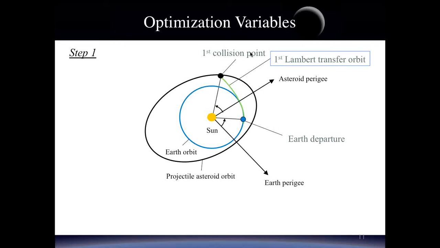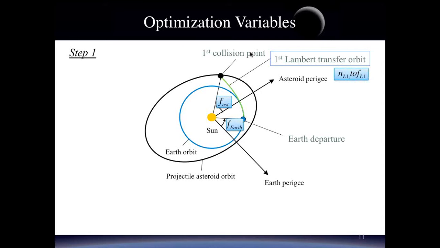And now I introduce the variables used for optimization. This figure shows the first phase. The blue trajectory is the Earth orbit, and the black orbit is the original small asteroid orbit. And the green line shows the first Lambert transfer orbit.